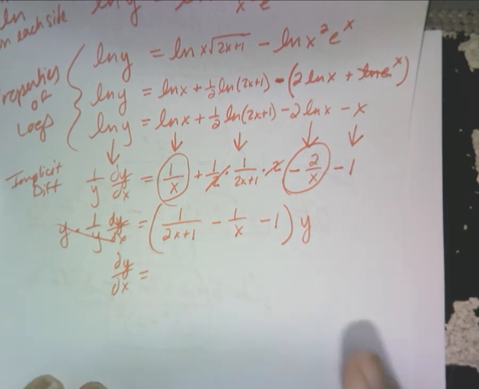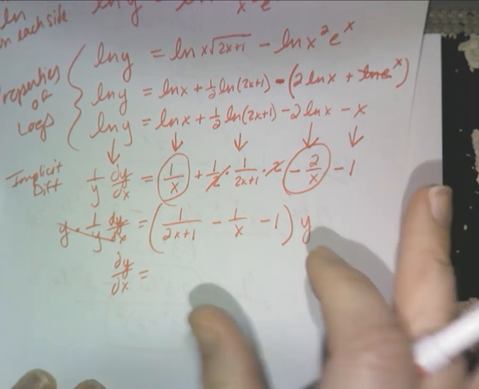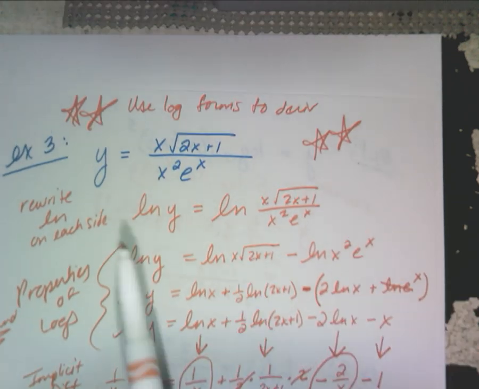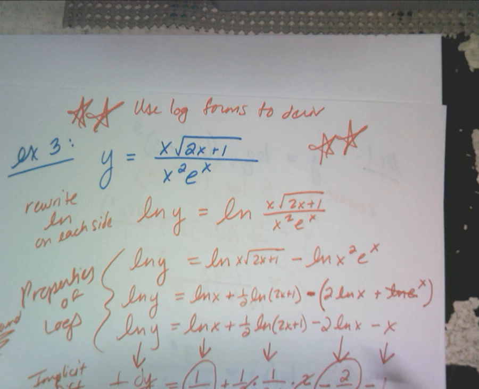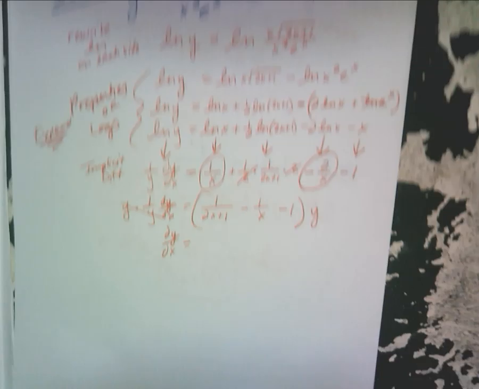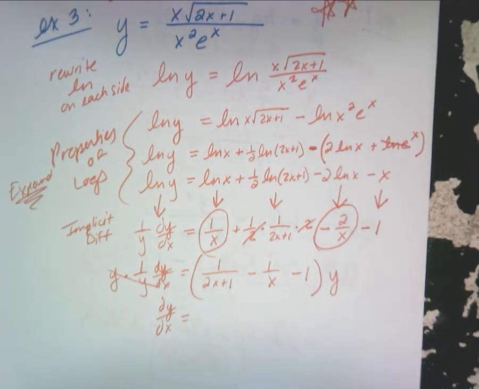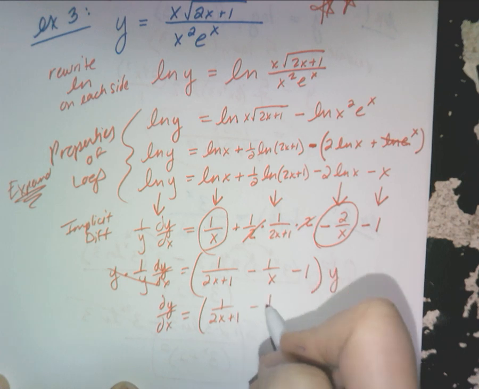But here's the thing that I've never done with you before. You would just distribute the y and you leave it at this point, but really, don't we know what y is equal to? Wait a second. So your final answer is actually, wait for it, 1 over 2x plus 1 minus 1 over x minus 1.